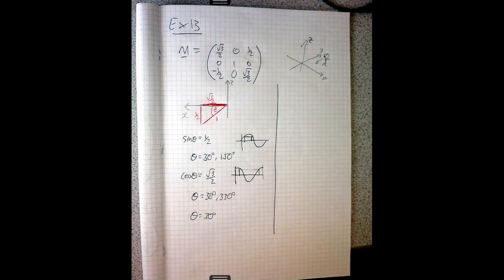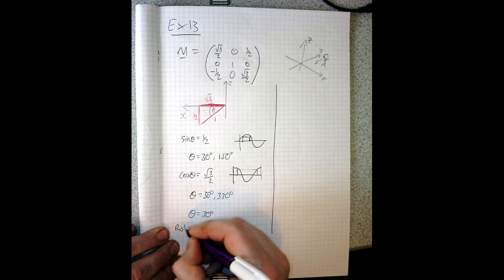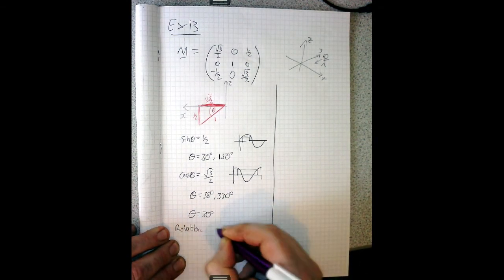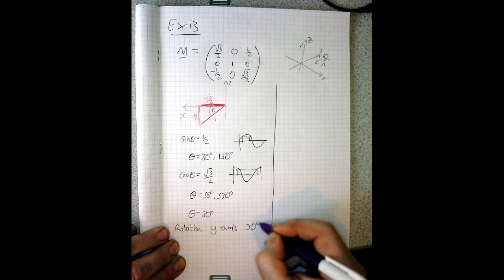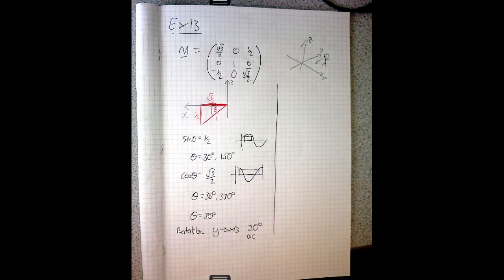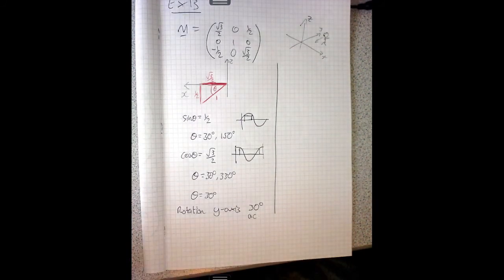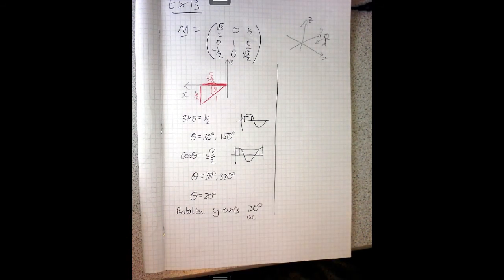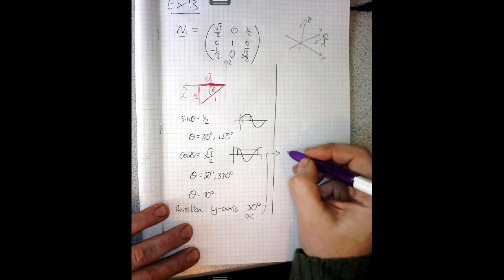I'm sure you'll remember that from GCSE, but as long as you understand how I've got those equations and then solve them. So this is a rotation about the y-axis 30 degrees anti-clockwise. We could just say 30 degrees because the anti-clockwise direction is the positive direction. So you would not lose marks by not saying anti-clockwise.